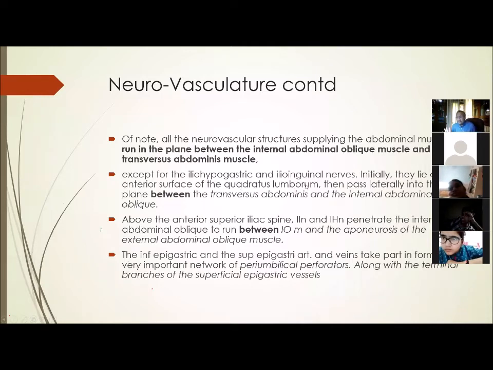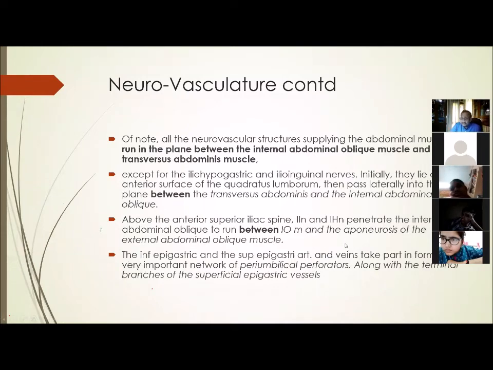We know that. Then they pass laterally, they have to come anteriorly. When they pass laterally, they lie in between the transversus abdominis and the internal oblique muscle. Right? Now, once they have pierced the transversus abdominis and are lying in between transversus abdominis and internal oblique, at the level of the ASIS, anterior superior iliac spine, they also perforate through the internal oblique and now lie in between the external oblique and the internal oblique.